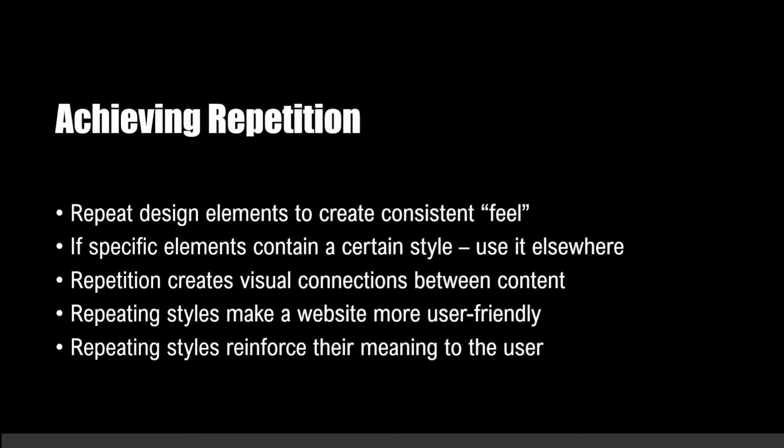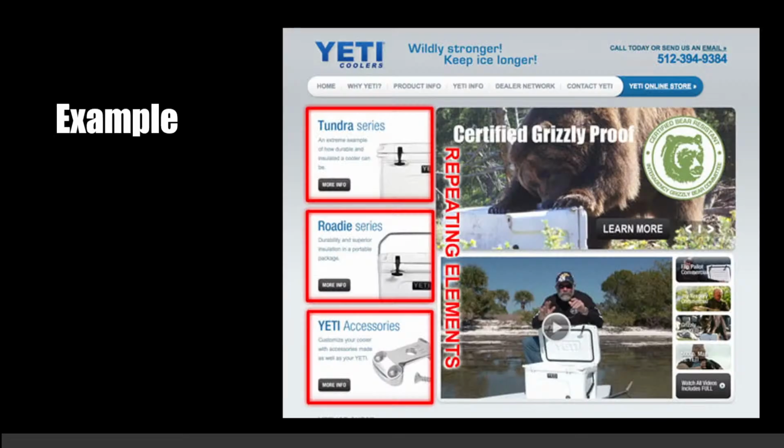So we're creating these visual connections between the style and the content, which in turn makes our website more user-friendly and reinforces meaning to the user, right? And so if we look at an example here, we can look at the old Yeti Cooler site. We can see these 3 items here, and they are aligned, which is another example of alignment.